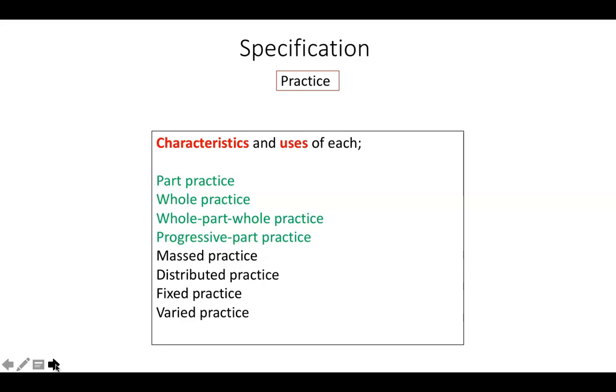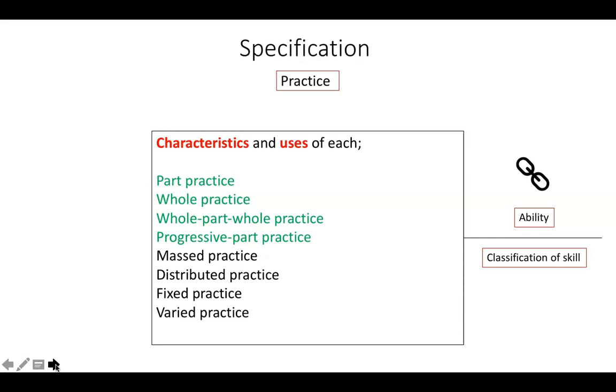When we're discussing the characteristics and uses of each type of practice, it's really important that we get into our head ability and classification of skill and how we can link these to different types of practice. When we're talking about ability, I'm talking about cognitive, associative and autonomous learners. Classifications of skill, we're thinking of low organisation skills, high organisation skills, complex skills, discrete skills and so on.